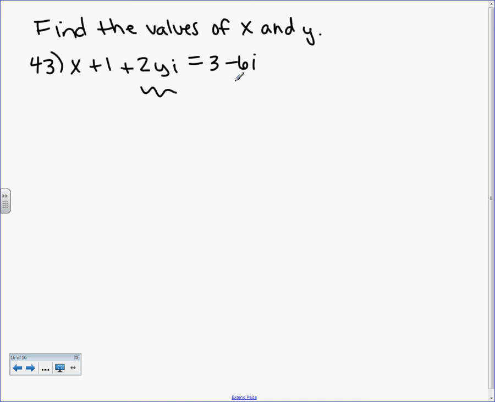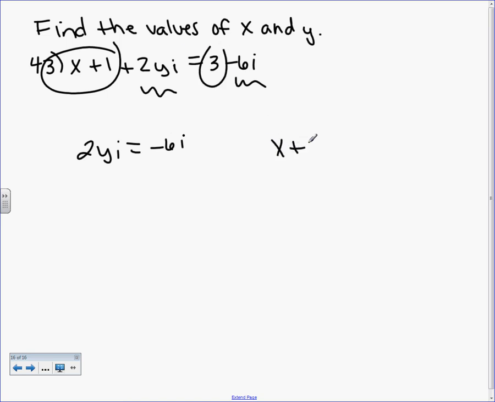The ones with i's in them, right? So 2yi is equal to negative 6i. And then everything else, x plus 1 and 3, are equal as well. Do you guys understand what I did? I put the imaginary parts equal, and I put the non-imaginary, the real parts equal.